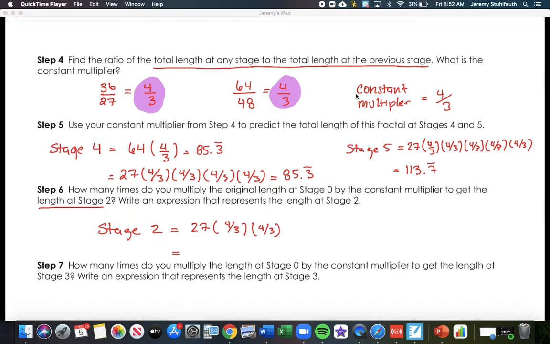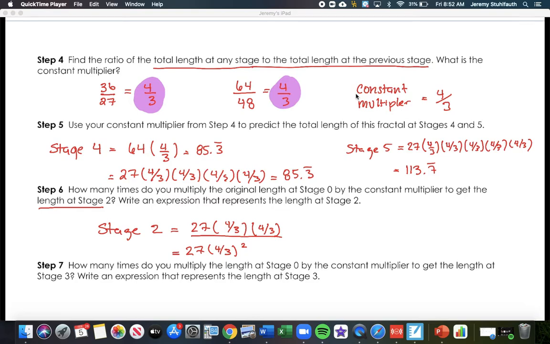Now, we learned that when we multiply a number repeatedly by the same number, we can write it like this: 27 times 4/3 squared, because 4/3 is in this factored form twice. So because we're multiplying 4/3 by itself twice, we have 4/3 times 4/3, which is 4/3 squared.